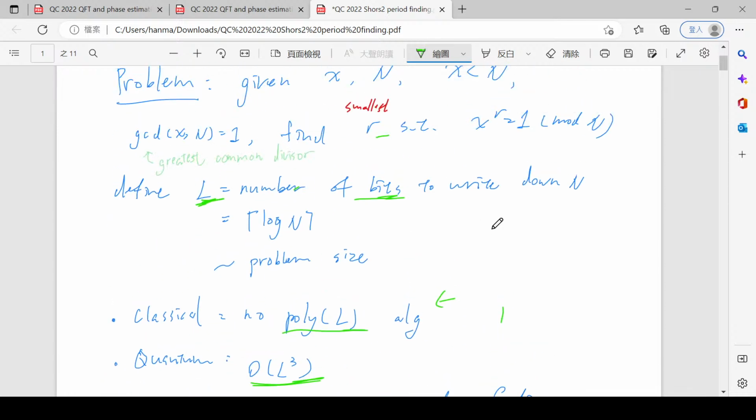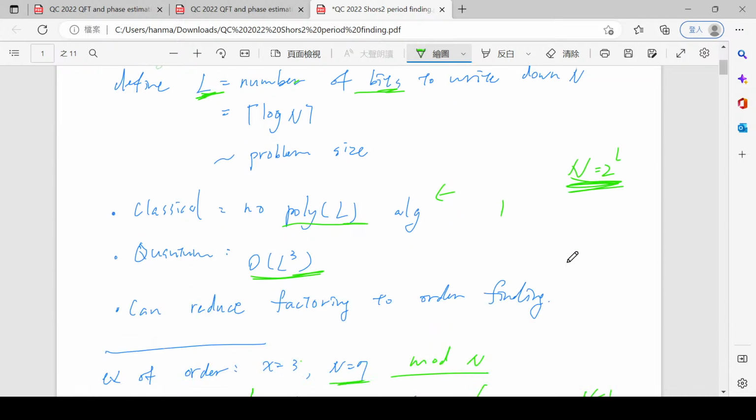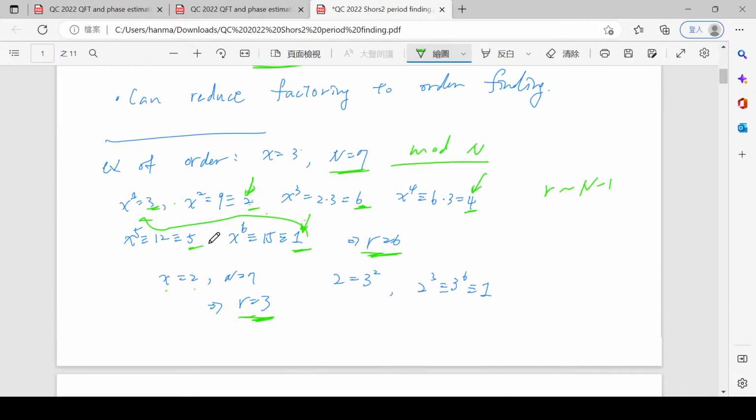And because big N is like 2 to the L, that will require an exponential in L number of operations to find the order through this brute force classical algorithm. I'm not sure whether there are smarter algorithms, but that's the baseline you are looking at for a classical algorithm to do order finding.